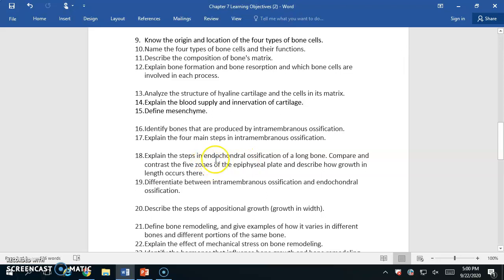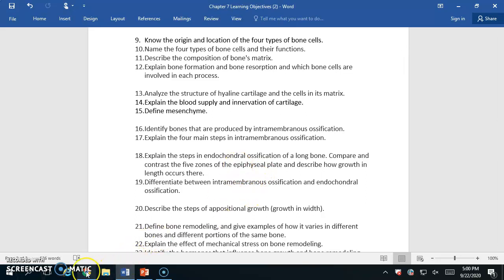So that means like inside, endo. Chondral means cartilage, so it's kind of happening inside cartilage. And so the framework or scaffolding or template for this type of bone formation is hyaline cartilage. So we're going to look at the steps that happen with the endochondral ossification.